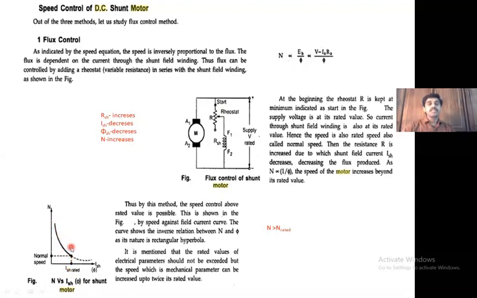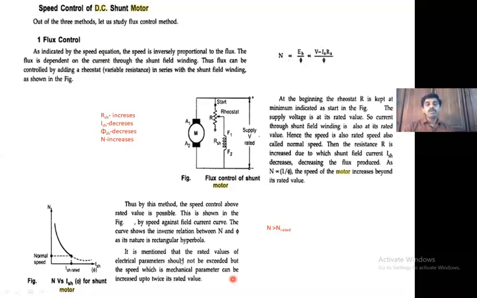So with this method, we can get speeds more than the rated speed. That means speeds from rated speed to above the rated speed can be obtained with flux control. We cannot get speeds below the rated speed.